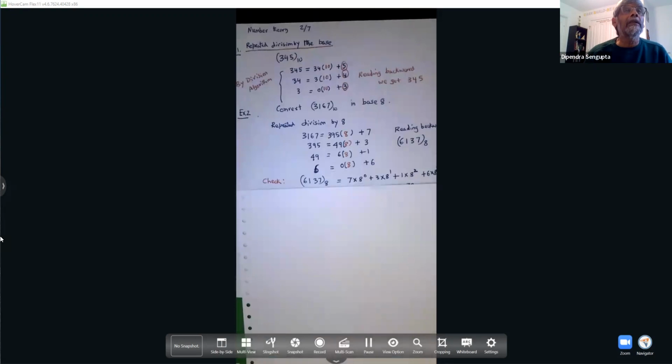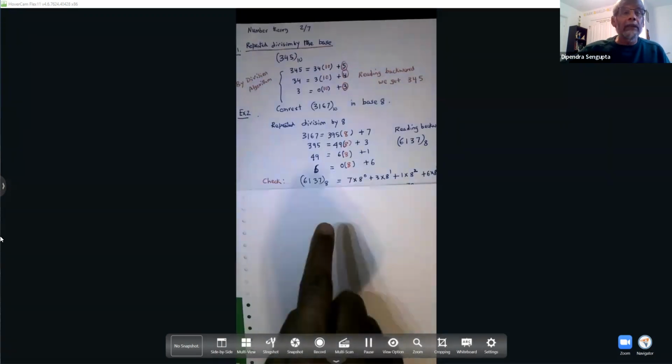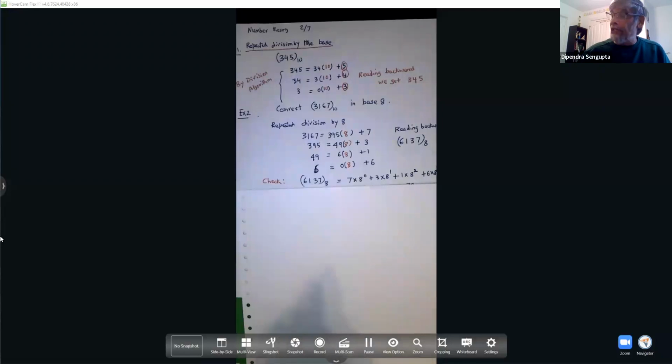When you check the answer, what do you do? You start from the backward, right? 7 times 8 to the power 0, 3 times 8 to the power 1, 1 times 8 to the power 2, and 6 times 8 to the power 3.